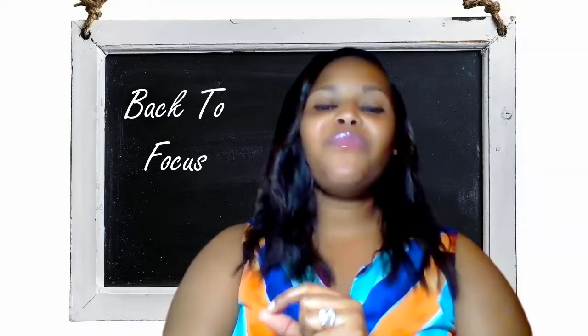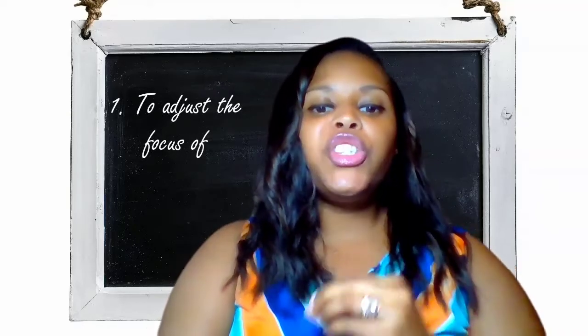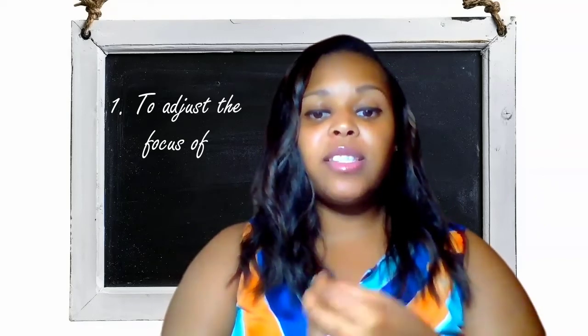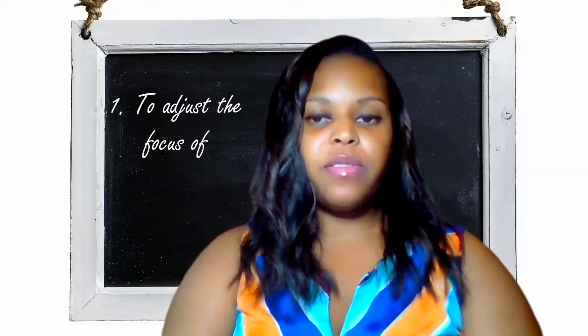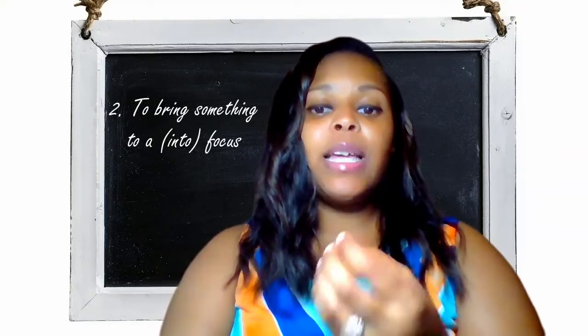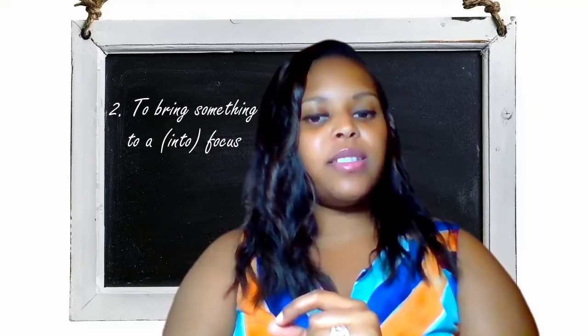So for this episode today, we are going to discuss 3 powerful definitions, thanks to Webster. Number 1, the first is to adjust the focus of. To adjust the focus of, all right? Number 2, to bring something to a focus, as in concentrate.